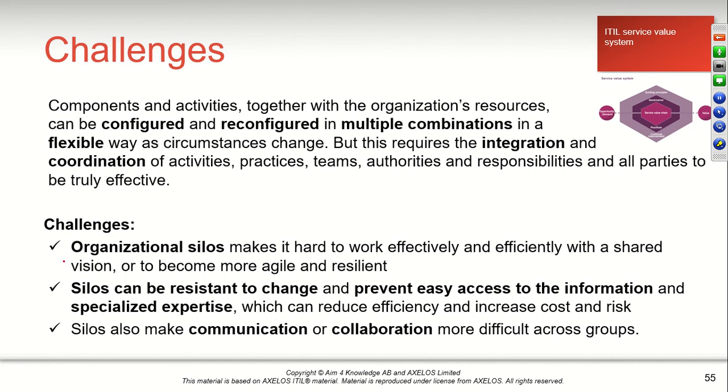You can have challenges such as organizational silos, where an organization finds it difficult to work effectively and efficiently, where a lot of people in the organization are doing different things, and there's no kind of integration, okay, between different departments, different units in the organization.